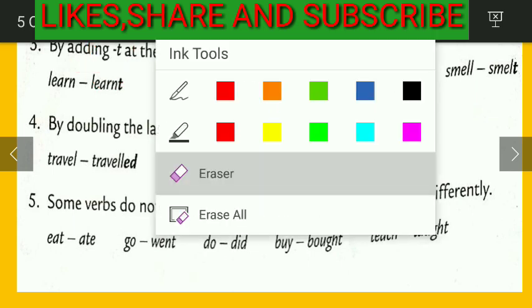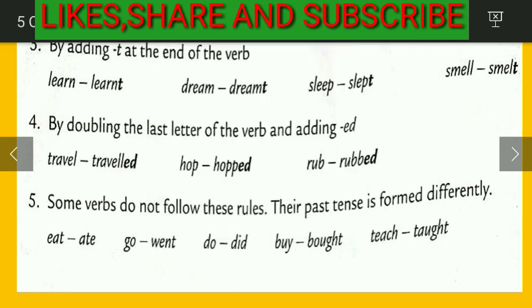This one is our third rule, by adding t to the given verb. Here you can see learn is written, and we are adding only t to get the simple past tense of learn. Then dream is also there, and we are adding only t to get the simple past tense of dream.